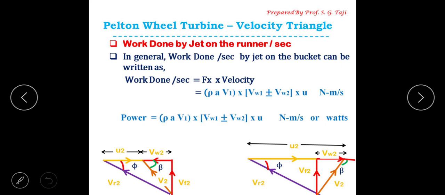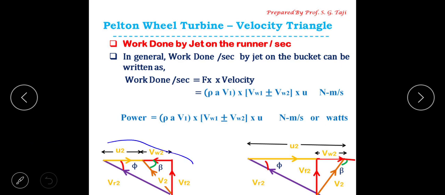So if beta is less than 90, we have to use plus. If it is greater than 90, we have to use minus sign. Power also in the same way: rho a v1 multiplied by Vw1 plus or minus Vw2 multiplied by u Newton meters per second or watts.